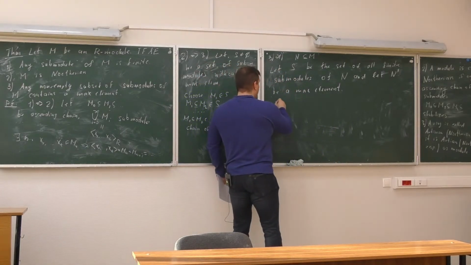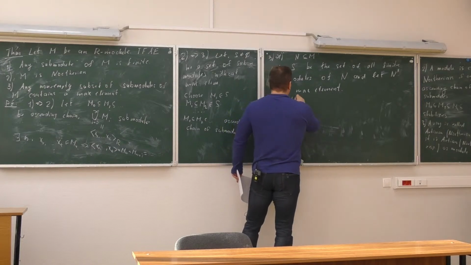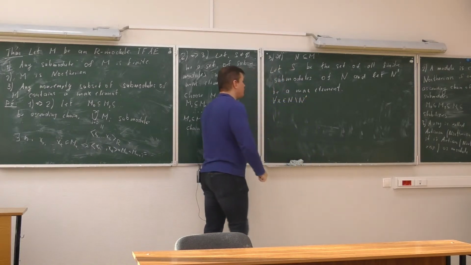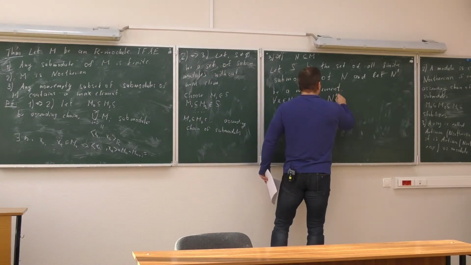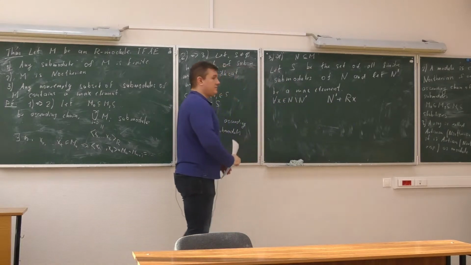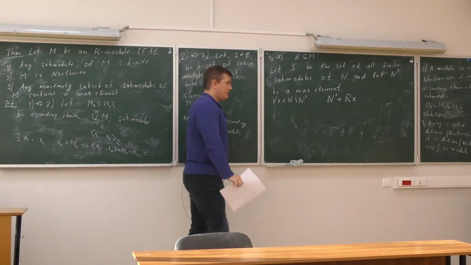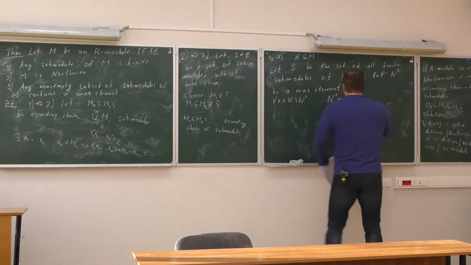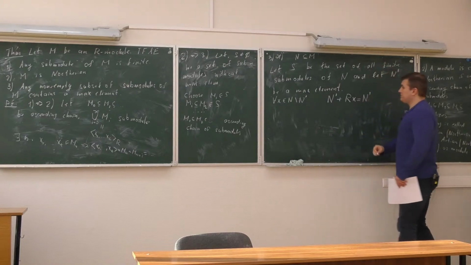So then I can take any element x in the N which is not in the submodule N prime, I can construct a new submodule N prime plus Rx. But I claim that if I consider this submodule, it has to coincide with the N prime.